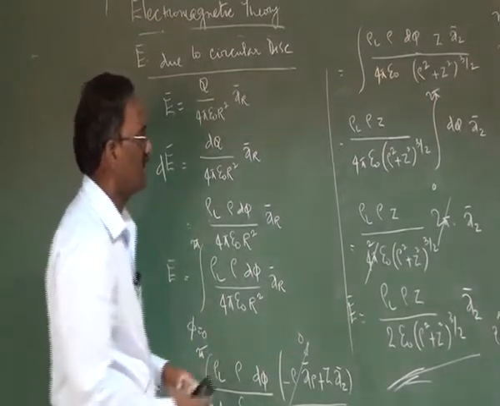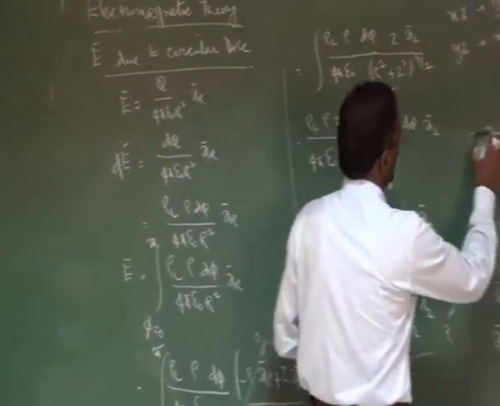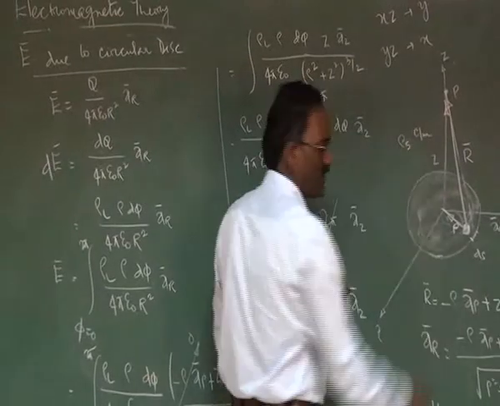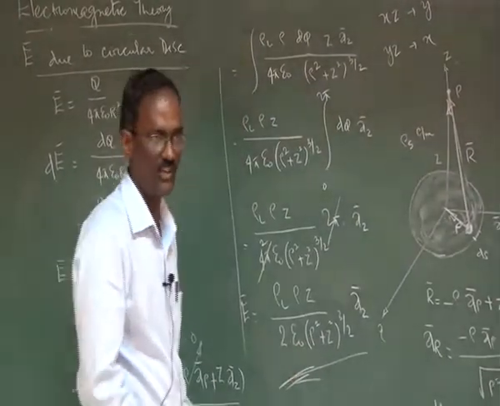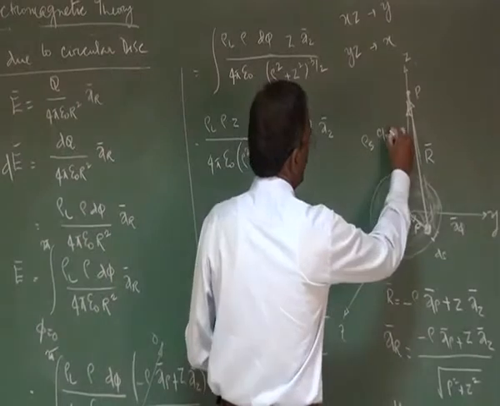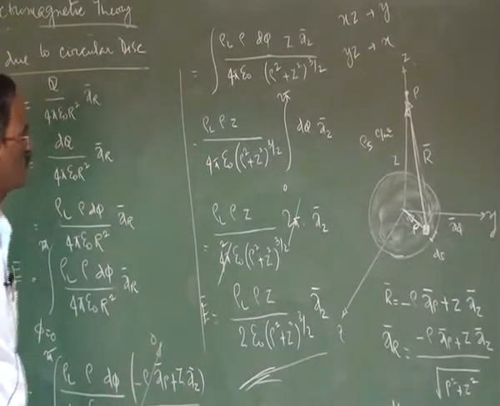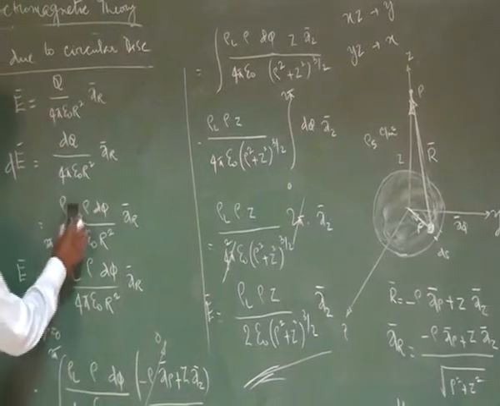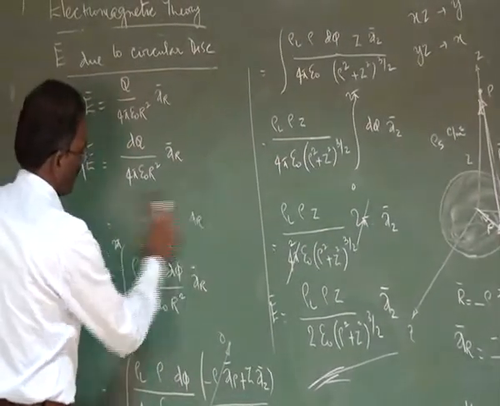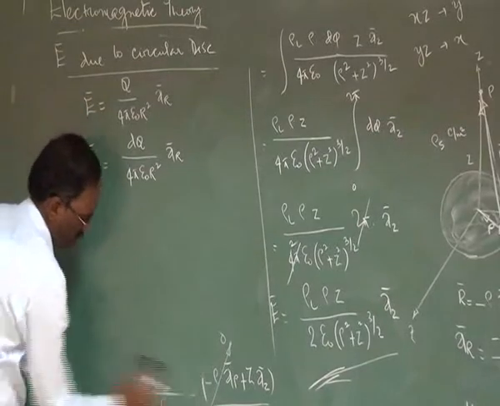But here surface charge density we must consider. Surface charge density is written as rho s, not rho l, which is line charge density. Then the units will be coulomb per meter square, as area comes into the picture. So rho s coulomb per meter square. From here I must change everything.